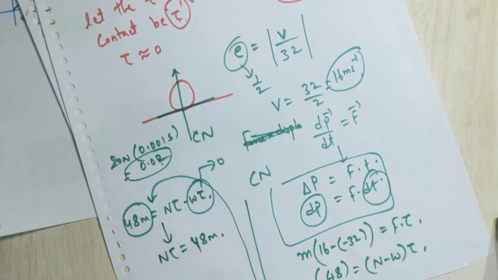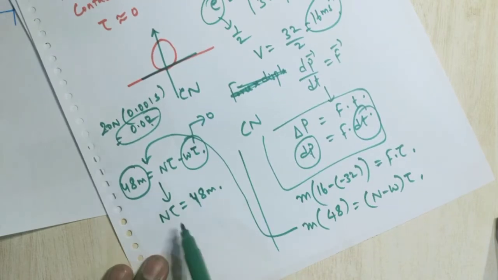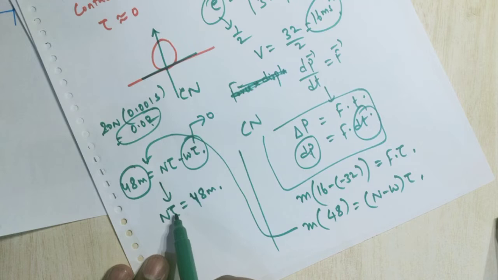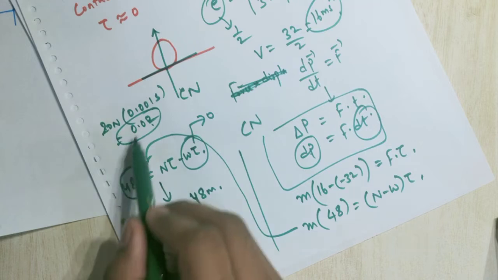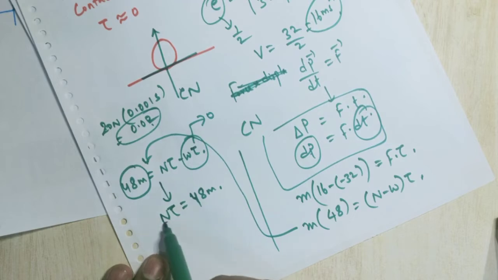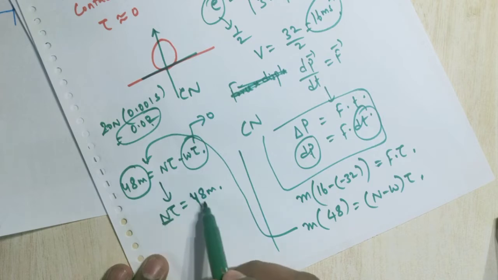Now you may ask, this tau is a very small quantity and it is being multiplied to the normal reaction also, then why can't we apply the same scenario here? Here the normal reaction will be extremely high, so some quantity which is very large into some quantity which is very small will yield a finite quantity.